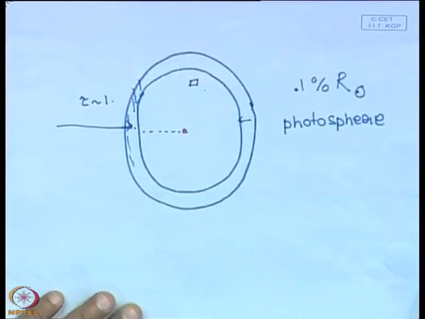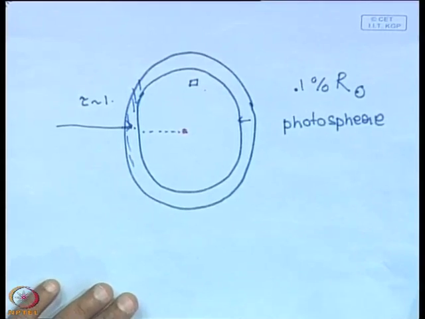So, if you have tens of millions of Kelvin, what kind of radiation do you expect at the center of the sun? Obviously, it is not going to be in the visible, right. At such high temperatures, X-ray is the most dominant kind of radiation. So, at the center of the sun, you predominantly have X-ray.